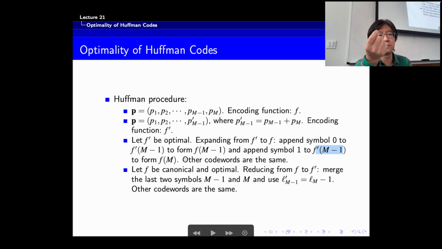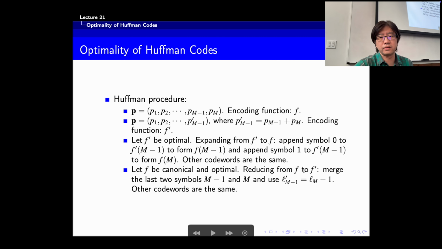The other way we can do it is this. Let's say f is optimal for this probability distribution, I mean the first one. If f is optimal, then we can combine the last two symbols together, with the probability of that combined, and then we have our f prime.